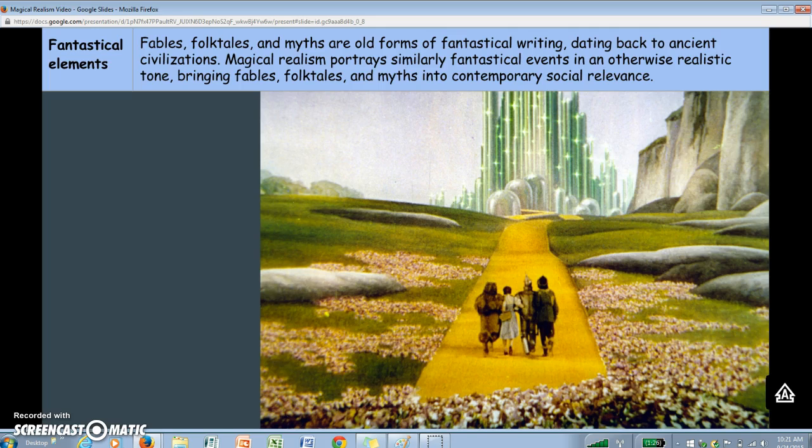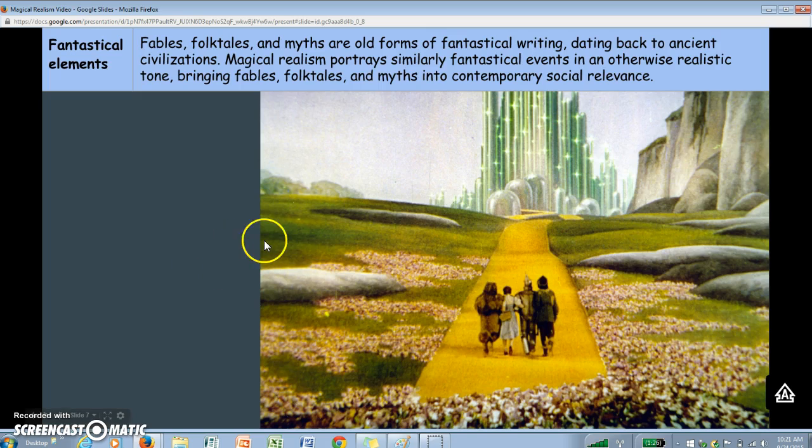Therefore, while we have talking animals and majestic cities and spells cast over people with poppies, these are the kind of things we find in fables, folktales, and myths: talking animals, magical spells, magical cities. But this is not in an ancient setting. This is in a contemporary social setting. That way, it is reflecting upon our lives today as opposed to the lives of the past.